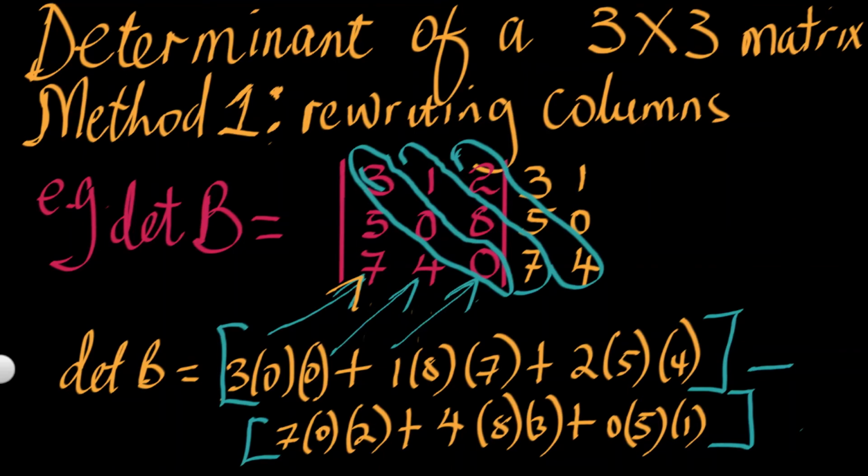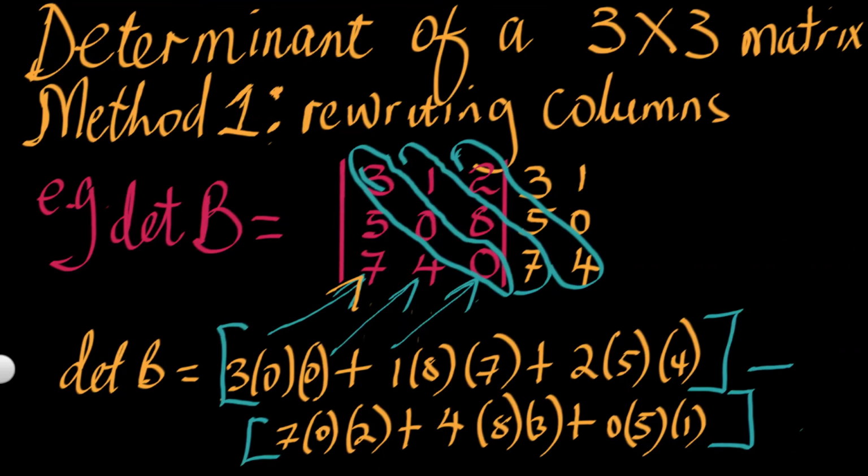Once you have this, all you need to do is to punch this in your calculator and have an answer. So this is 3. We got 3 times 0 times 0. So that's 3 times 0, which is 0. So it's 0 plus 8 by 7, plus 2 by 5 by 4.